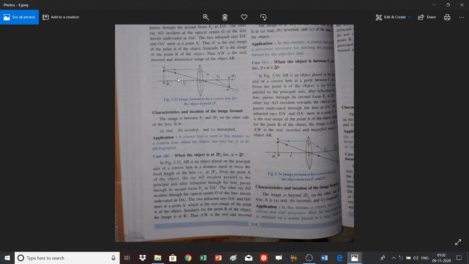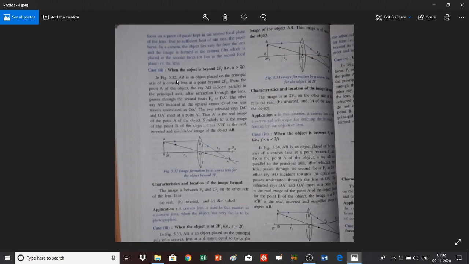So in this case, first you have to consider at what distance the object is to be placed. Here is given the condition that the object should be placed at a distance greater than 2f, that is, twice the focal length. So measure this. This is F1, the focal length f.